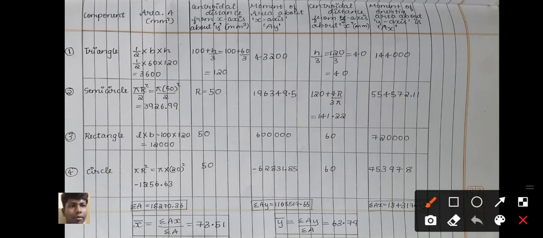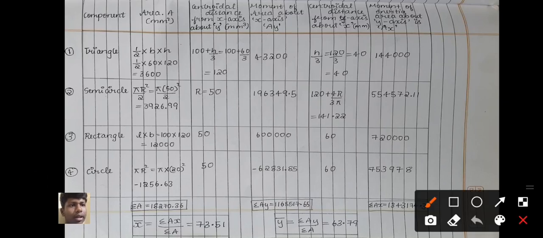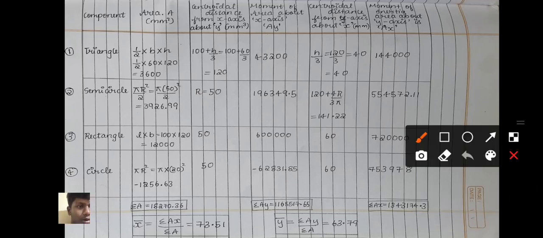And the summation of moment of area about the x-axis, which is ay, we get 1165517.65. And the summation of moment of area about the y-axis, which is ax, we get 1343174.3. Here we have got the summation of area, summation of ay, summation of ax.